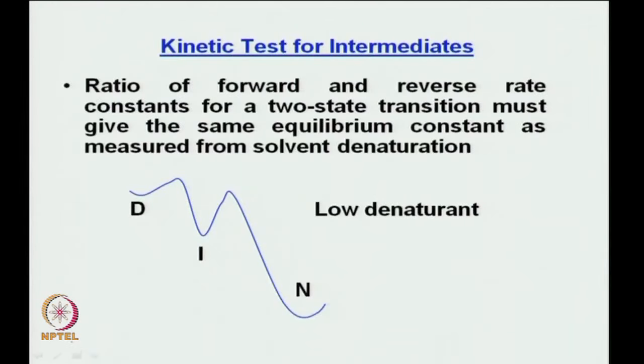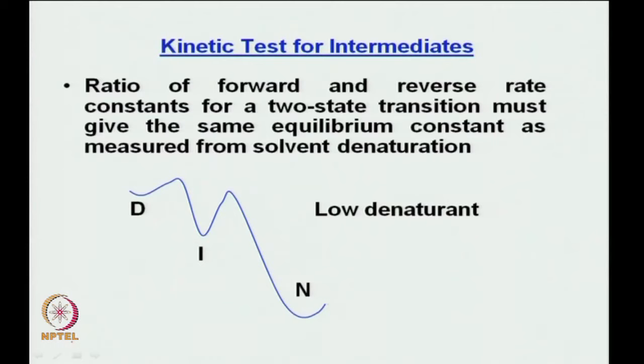Okay. Now, this is the last thing we do today, the kinetic test for intermediates. I will go through it quick. Now, if you are looking at this free energy profile, you are going from the denatured state, D, to the intermediate, I, then to N. Now, the intermediate has a lower energy than the denatured state, that means the intermediate is more stabilized than the denatured state.